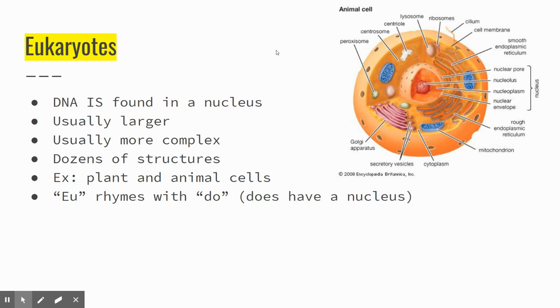So all the cells in your body, all the cells in the ostrich picture we saw, all the cells in the sunflower are eukaryotes. And eu rhymes with do. So it do have a nucleus. That doesn't sound very right? It does have a nucleus. So you do. In truth, eukaryote translates to true nucleus. And so eu rhymes with true too.